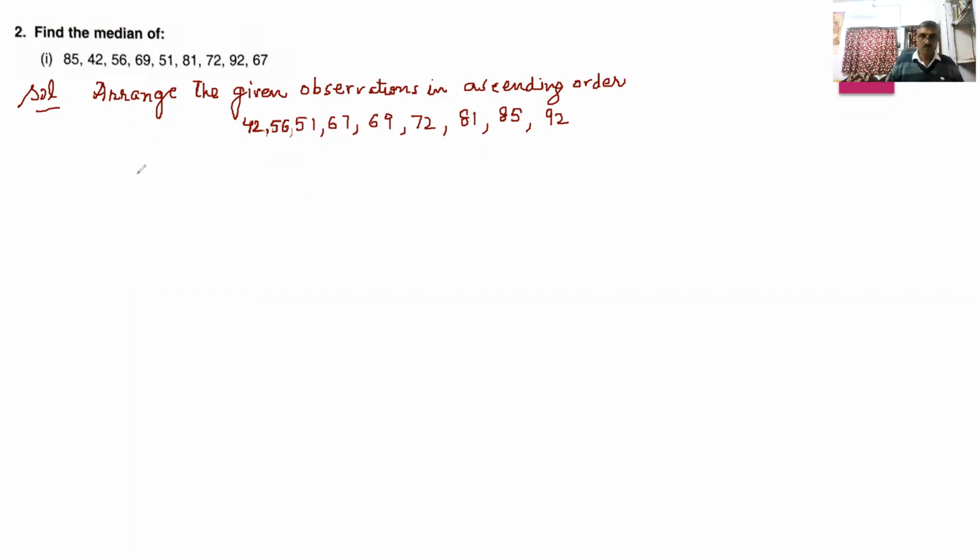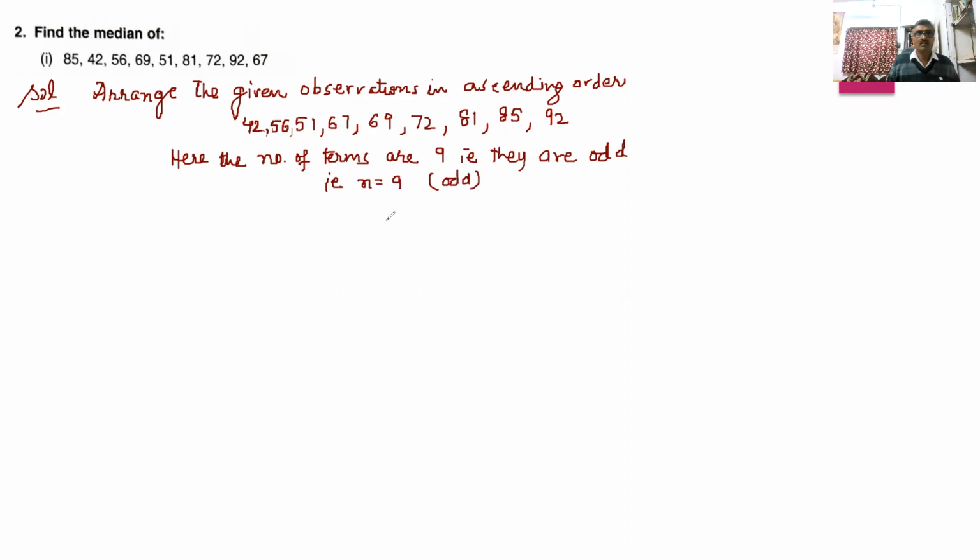Here the number of terms are 9. That is, they are odd or even. This means that you can say n is equal to 9, the odd number.